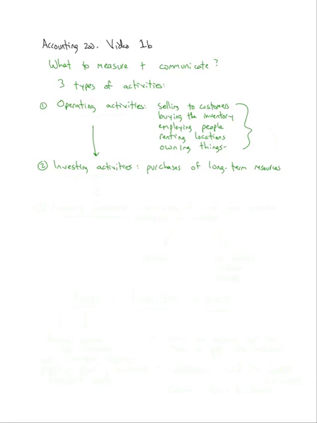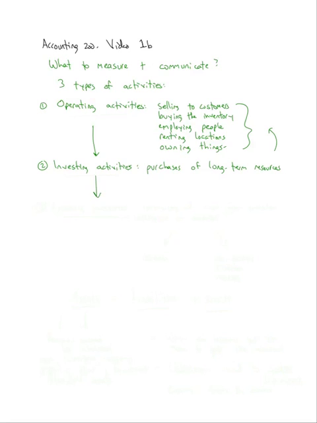So a university builds a new business school building, or Ford builds a new plant to manufacture the F-150 truck, or McDonald's builds a new restaurant, tears down an old one and builds a new one in its place, whatever it might be. This is a purchase of a long-term resource, and these long-term resources are used to help the business do its operating activities.